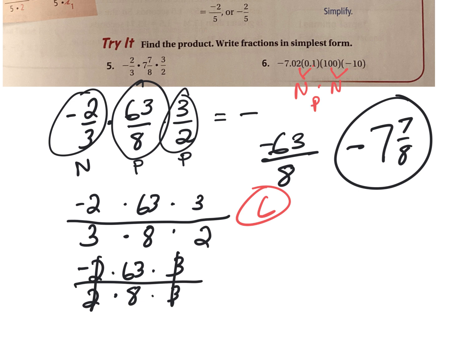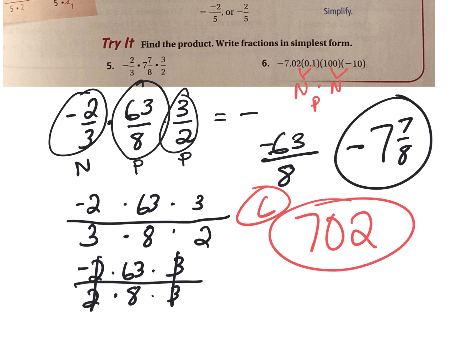So I know that in the end, I will have a positive number here. And so I'm just going to take 7.02 times 0.1 times 100 times 10 equals 702. And it is positive. Okay?